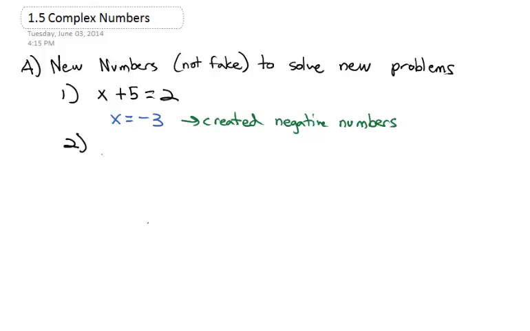A second example of this was in Egypt. The Egyptians were dealing with problems like x squared equals 7. Whoops. No, they weren't. The Egyptians weren't solving problems like that. They were solving problems like 3x equals 5. Sorry. And they came up with this crazy notion that x equals 5/3. Well, okay, I'm bending history a bit.